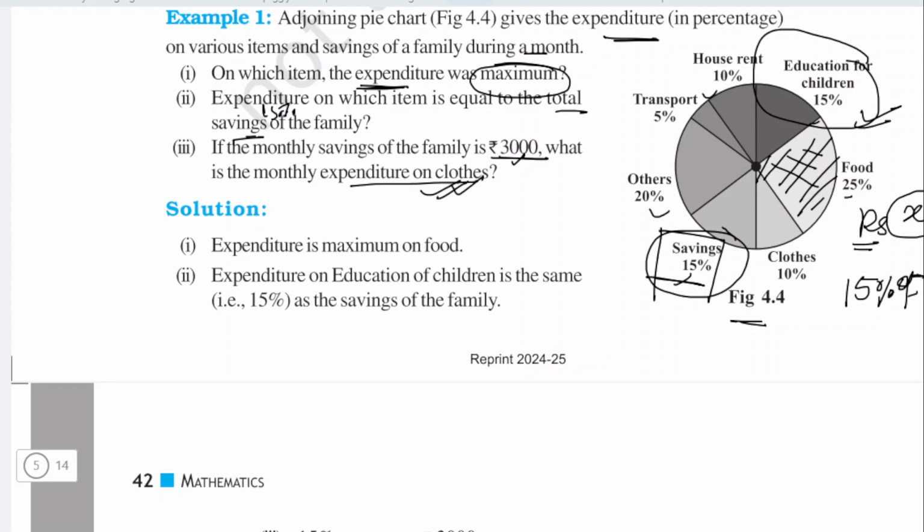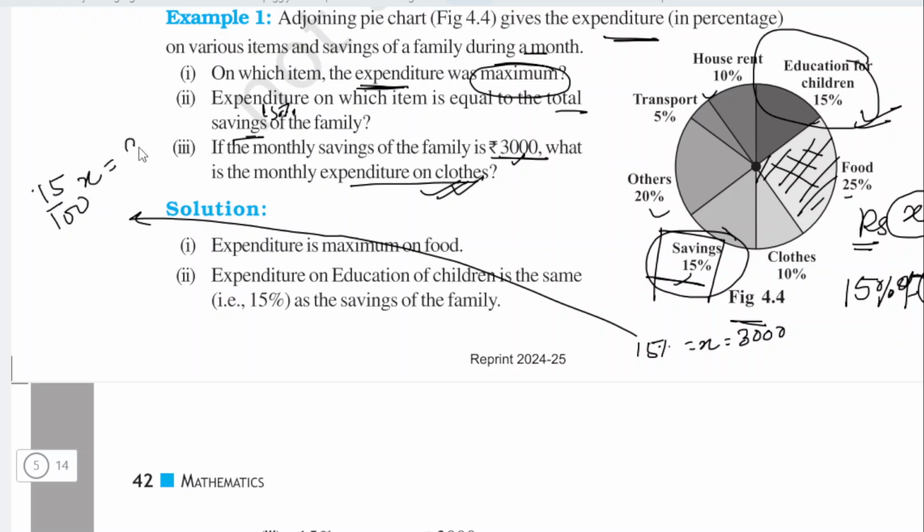So 15% of X is actually how much? It is 3000. Okay, so from here we will reduce 15 by 100.